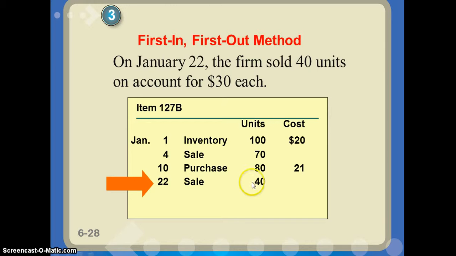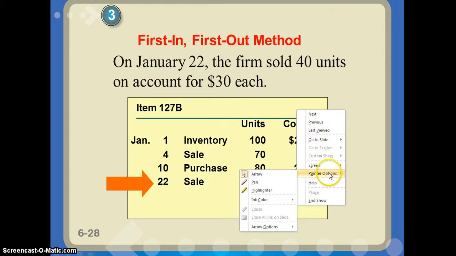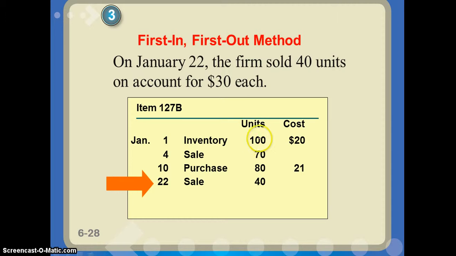Next, we have another sale of 40 units. Okay, this is where it gets tricky. We sold them for $30 each, but we need to know the cost of merchandise sold. If we look back and think about what we did before, we had 100 units at $20. We sold 70, so that means we have 30 units left at $20. We have 80 units left at $21.